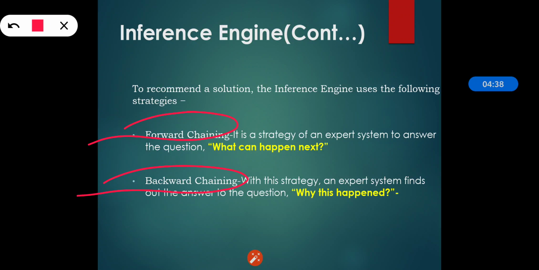We can take the example of the share market; that time forward chaining is used. The next is backward chaining. In this strategy, the expert system finds answers to the question of why this happened, meaning it tries to diagnose why it is happening. So these are the two strategies used by the inference engine.